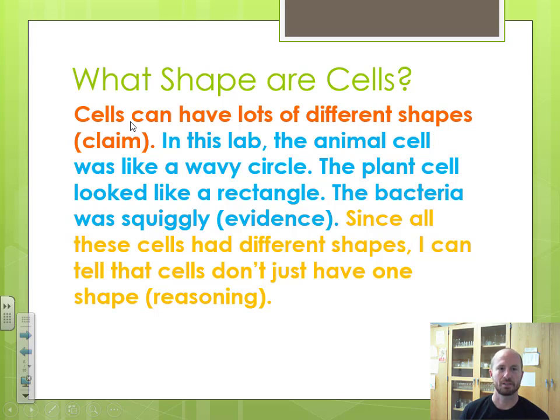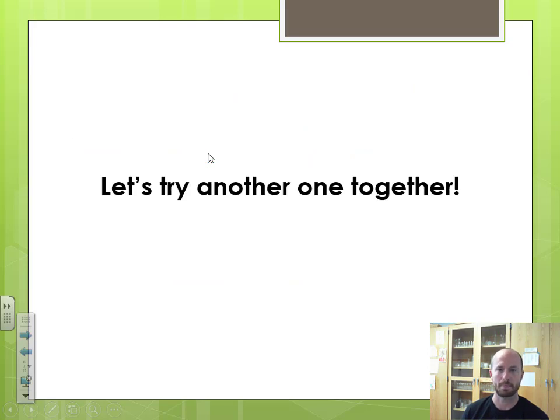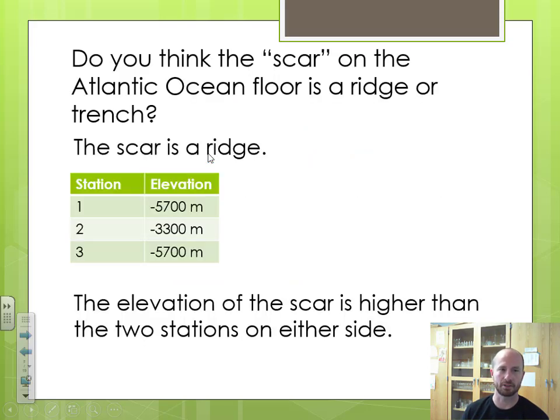The claim: cells can have lots of different shapes. The evidence: in this lab, the animal cell was like a wavy circle. The plant cell looked like a rectangle. The bacteria was squiggly. The reasoning: since all these cells had different shapes, I can tell that cells don't just have one shape. Easy enough? All right, let's move on to another.